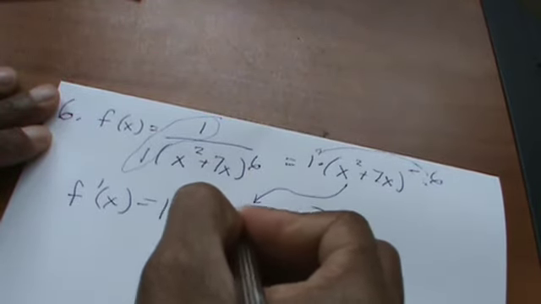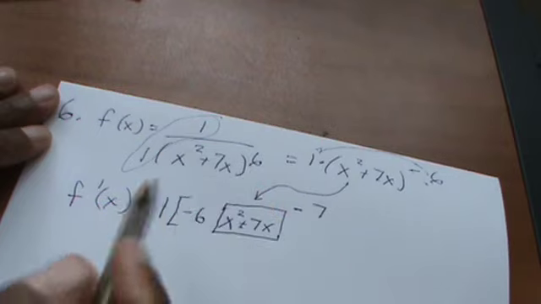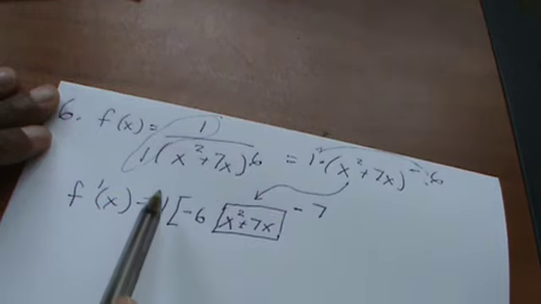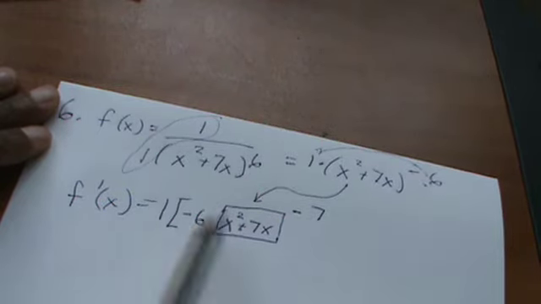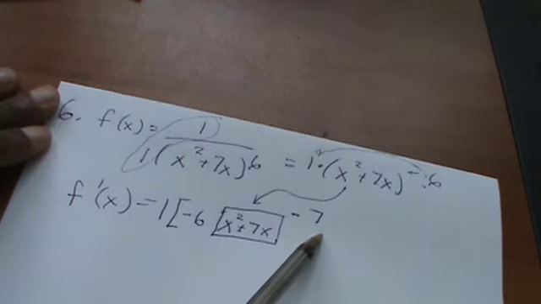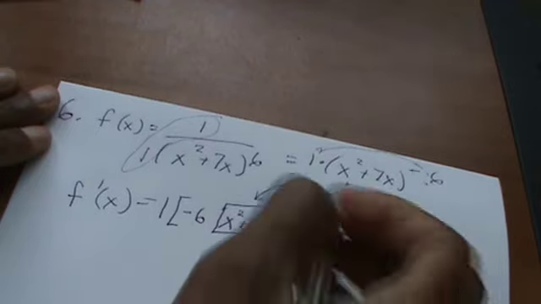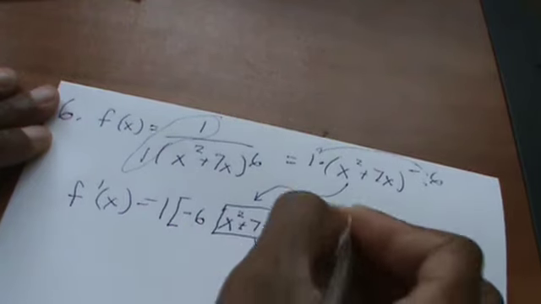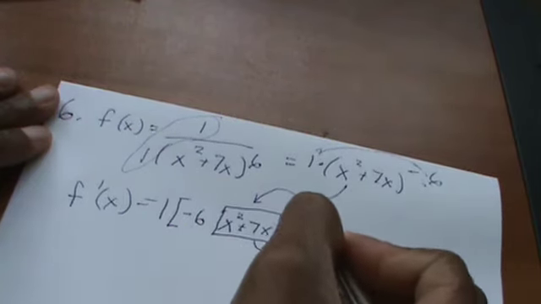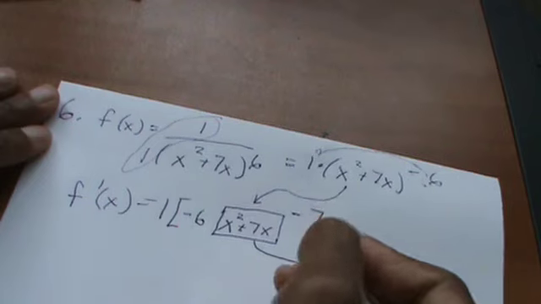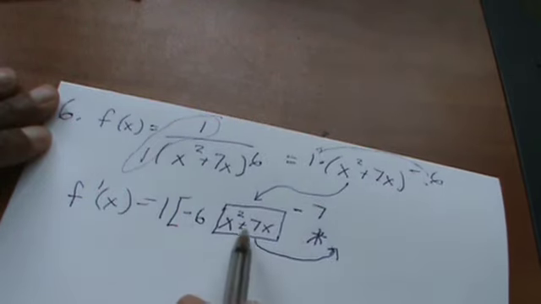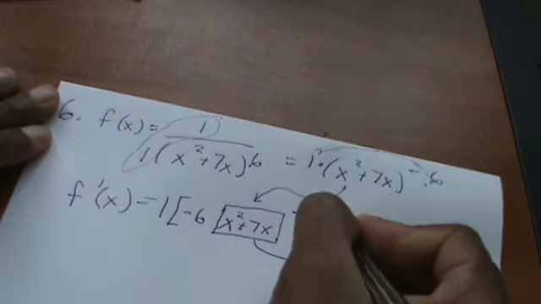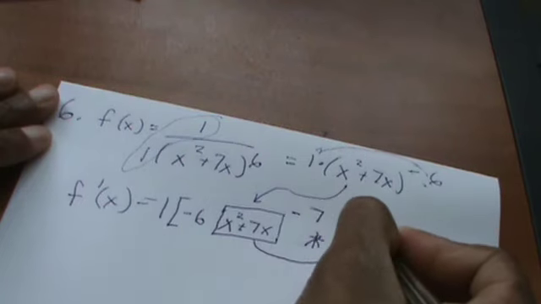x squared plus 7x. And the reason you're doing that is you don't want to do 2 derivatives at a time. And when you brought the power down 1 less, that was a derivative. That is power rule. So you can't touch this inside chunk of information the first time around. But the inside brick does disintegrate for this last piece when you multiply, and this is multiplication, by the derivative of the inside, which is 2x plus 7.